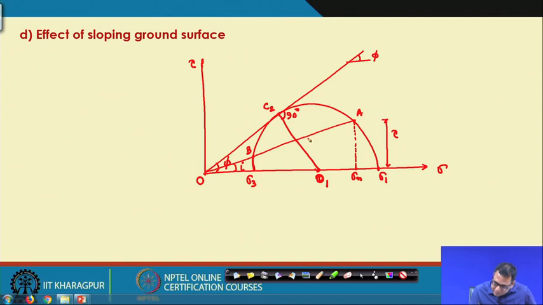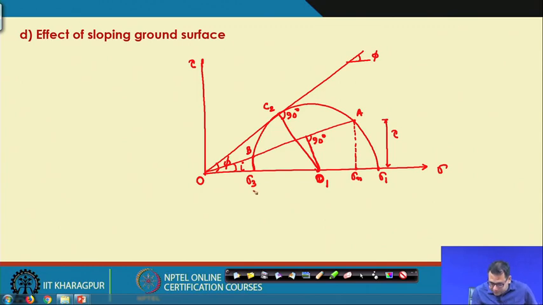Again I am drawing a line on AB which is perpendicular to AB and it is passing through O1. So, this line is also 90 degrees. Okay, I have drawn that.